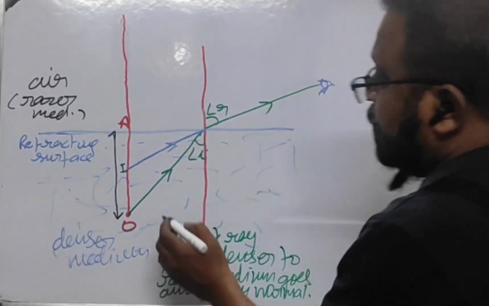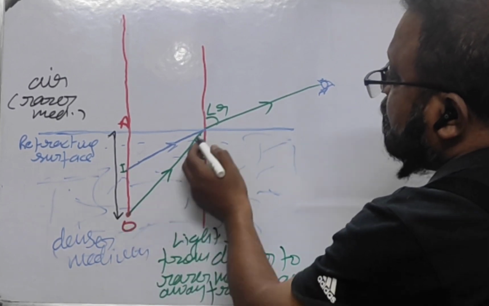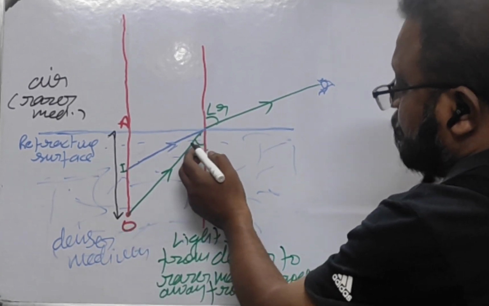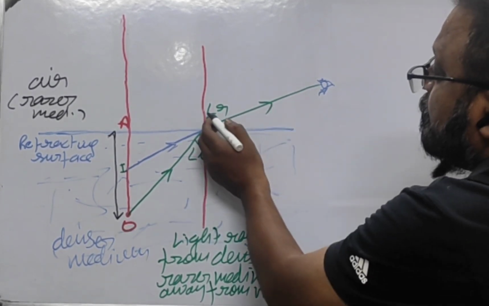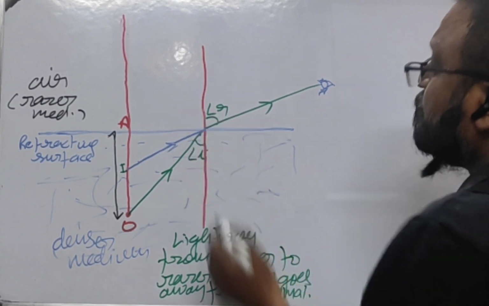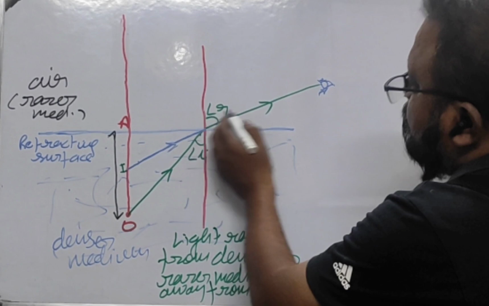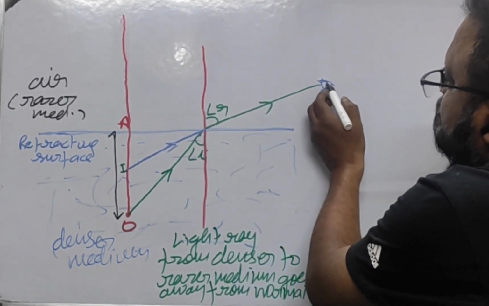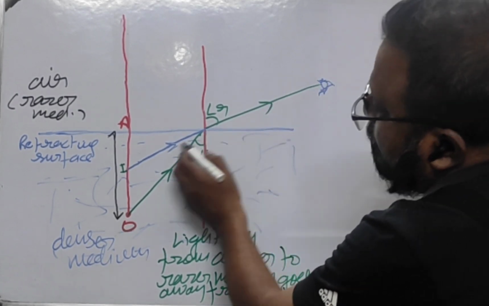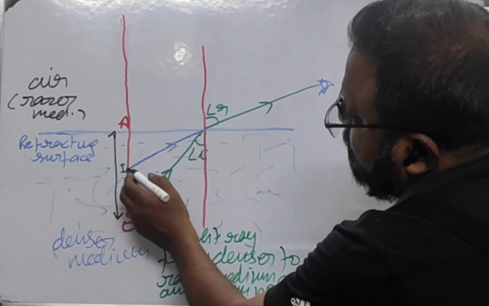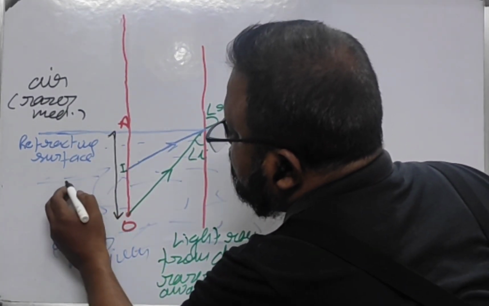There is an object. This is the normal, and then there is the incident ray. After refraction from denser to rarer medium, it goes away from the normal. This is the angle of refraction, and this is the angle of incidence. When Adrika looks from here, she will find this line coming from here. This is the image. So this total distance is known as real depth.